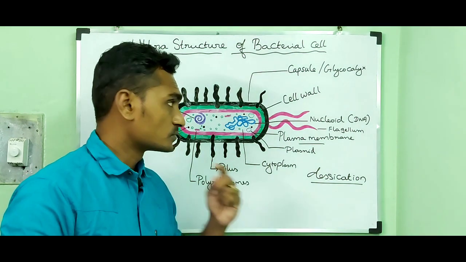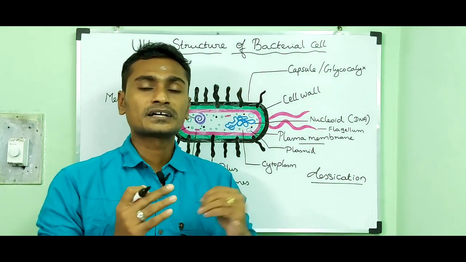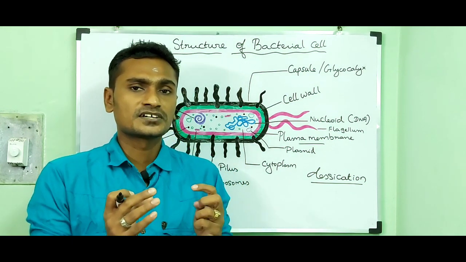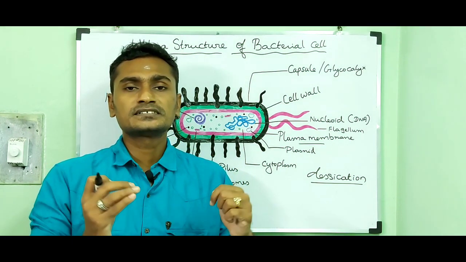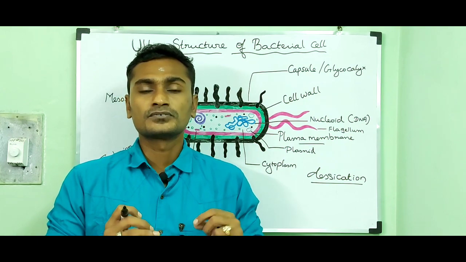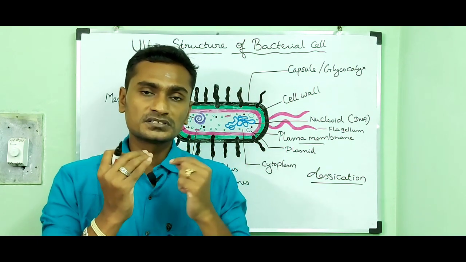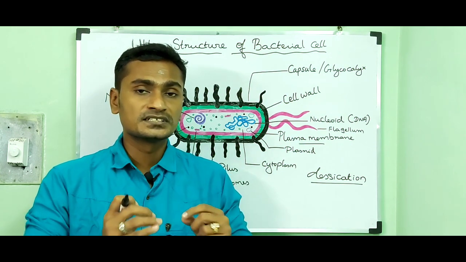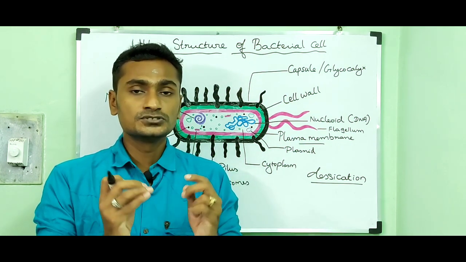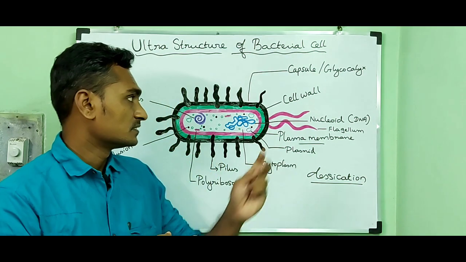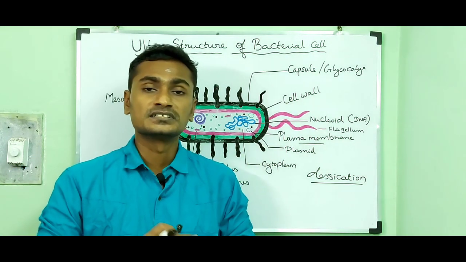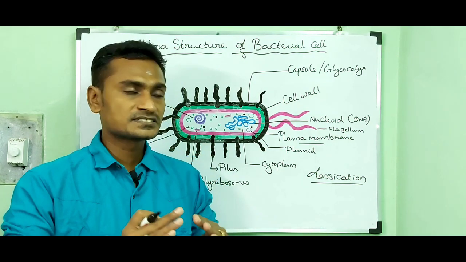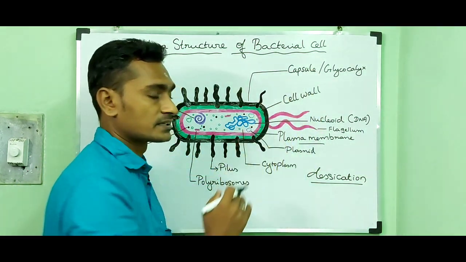Then, due to the sticky nature of the capsule, it can attach to the substrate, plant roots, human teeth and tissues. It also helps in retaining the nutrients in the bacterial cell. So that's all about the capsule or glycocalyx.